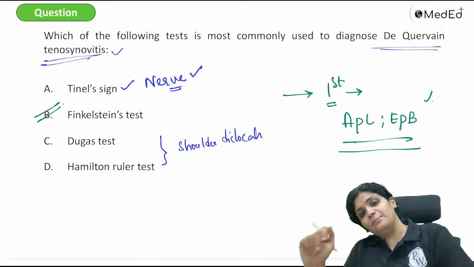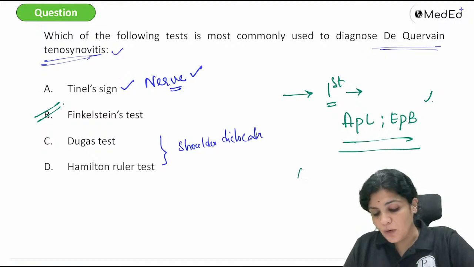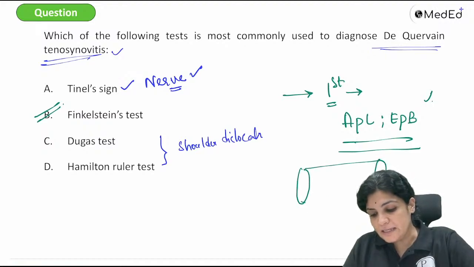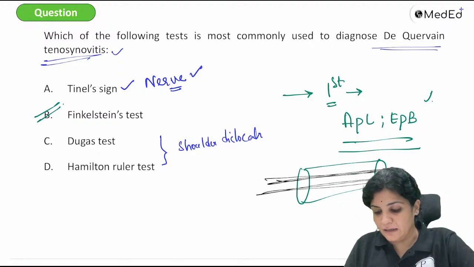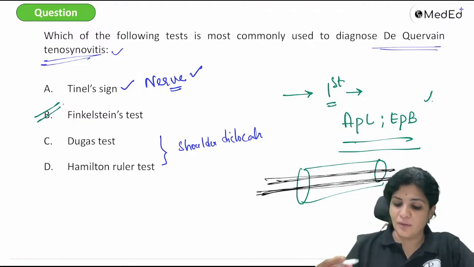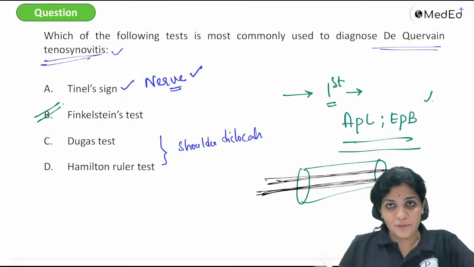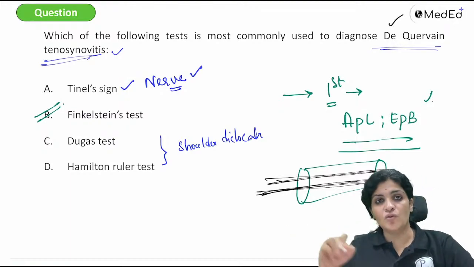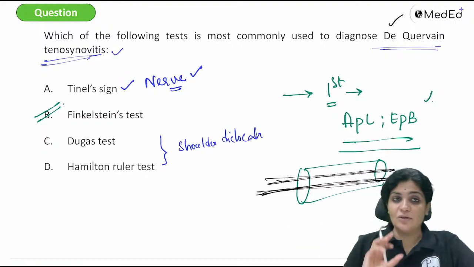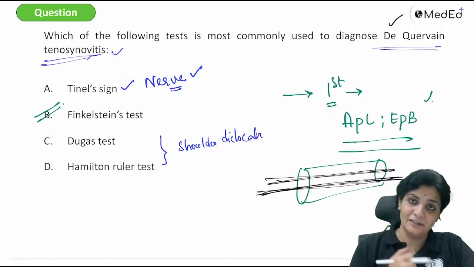These two tendons go in one sheath. Whenever this sheath gets inflamed, the tendons also get inflamed, and that is called de Quervain tenosynovitis. The tenosynovium, the sheath covering the tendon, gets inflamed.